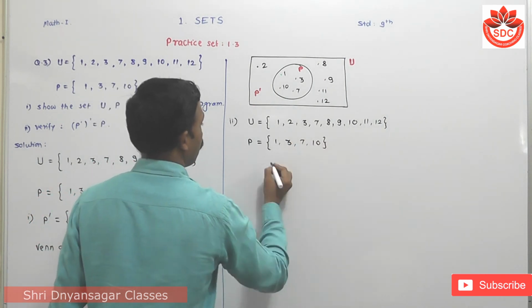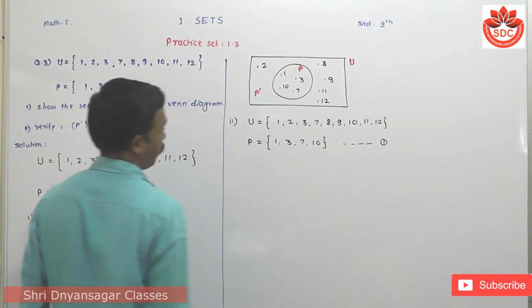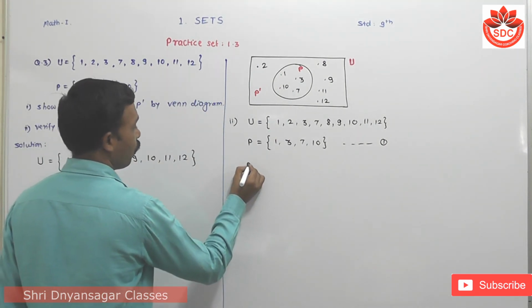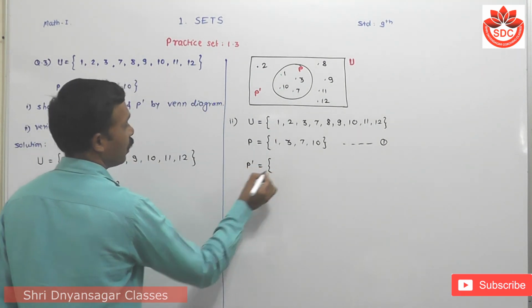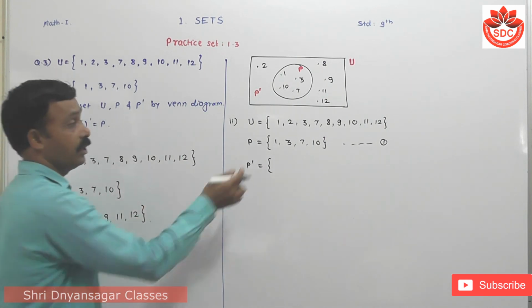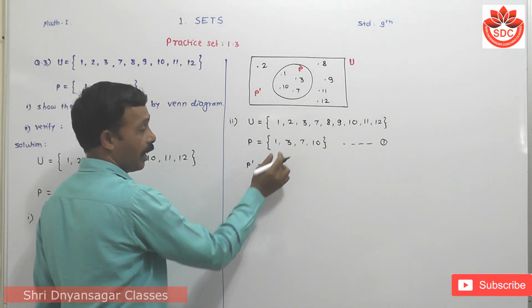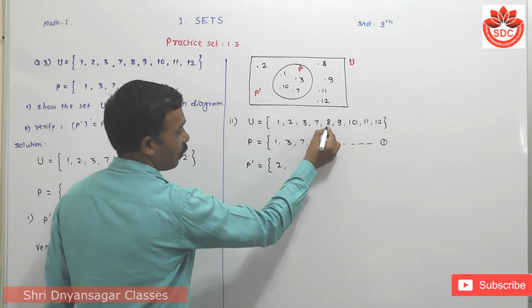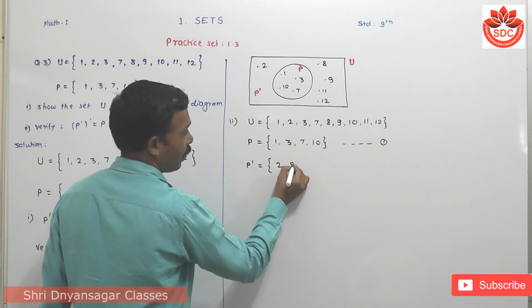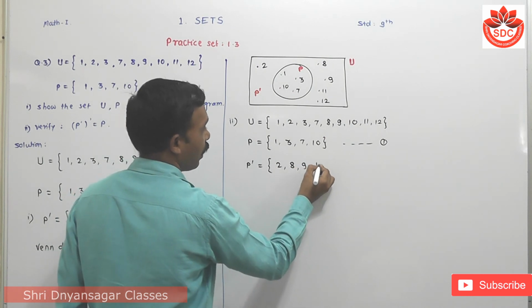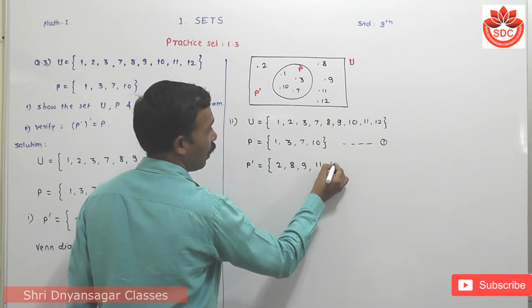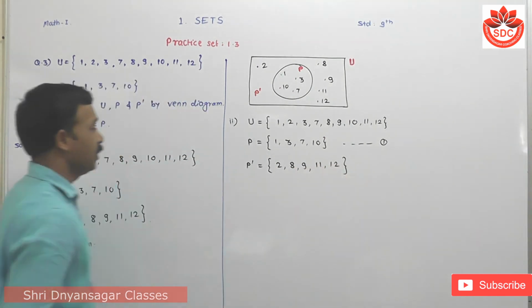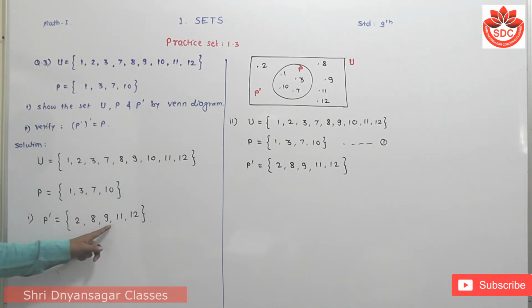Suppose that this is equation number first. Then P's complement is the elements which are present in U but not in P. In that 2, 8, 9, 11 and 12. This is the elements of P's complement.